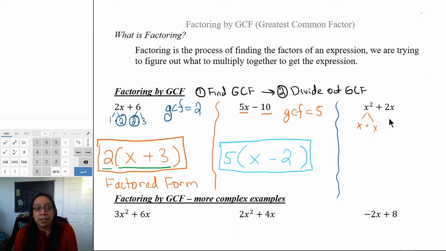This 2x can be split into 2 times x. Now you want to look at the big picture and ask yourself, between the x squared and the 2x, what do they have in common? One thing you might notice is that they both have an x in common.